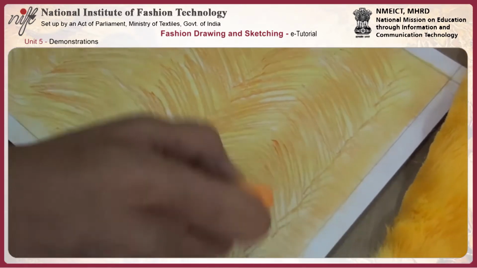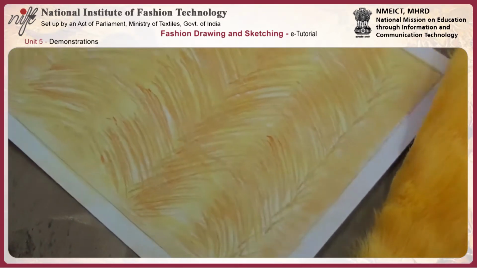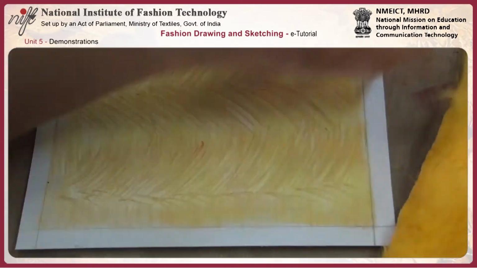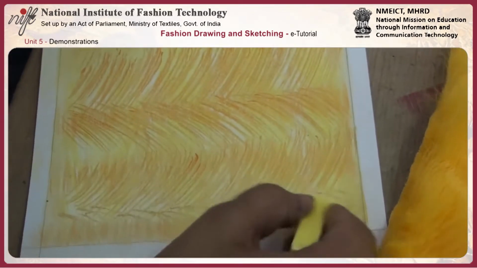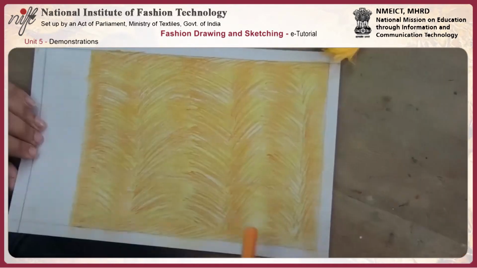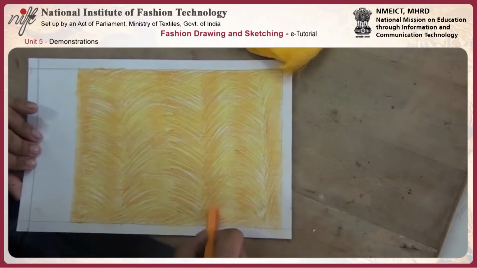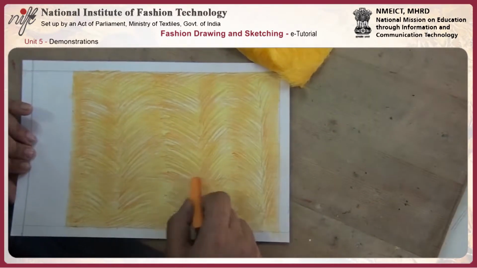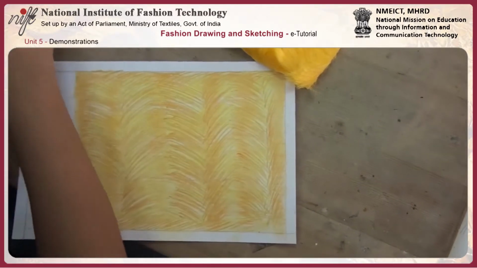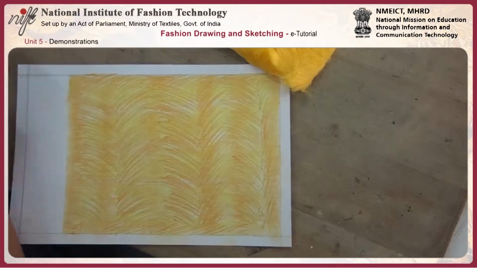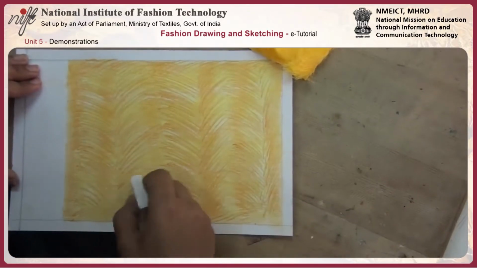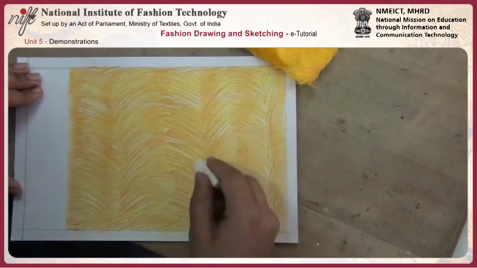Watch the evenness of each and every stroke that the illustrator is doing. The illustrator is using only orange and yellow at the moment to recreate the color of the fabric.